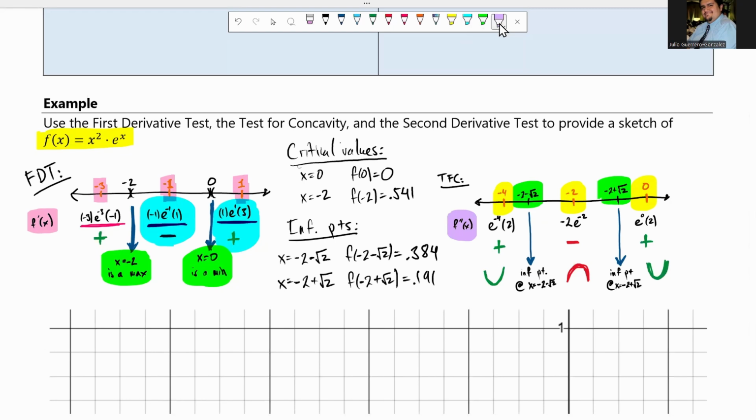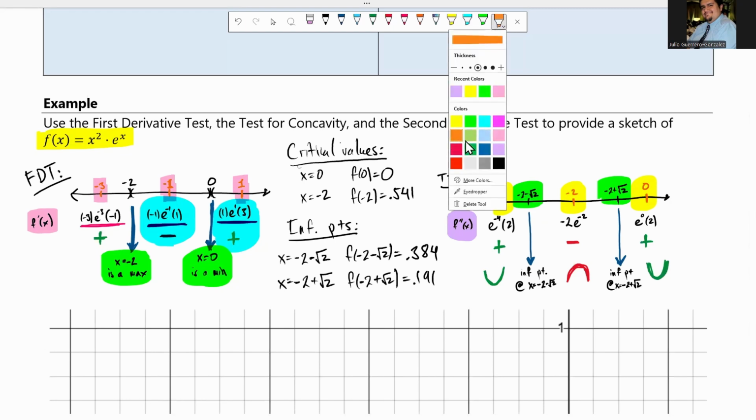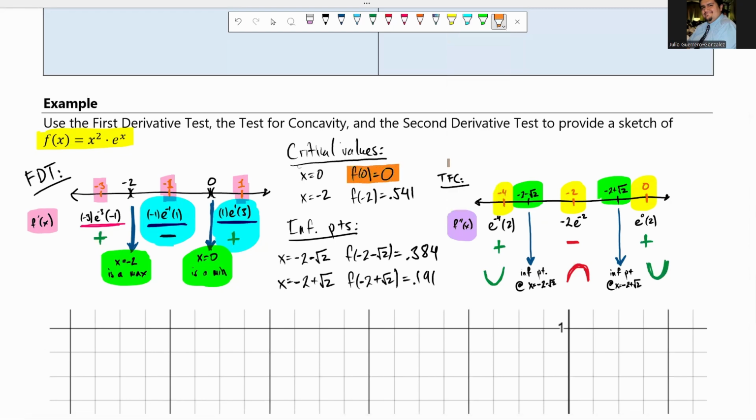These give us our points, exact points, on a graph for both our critical values and our inflection points. Got it? And we've got our results from the first derivative test and test for concavity.